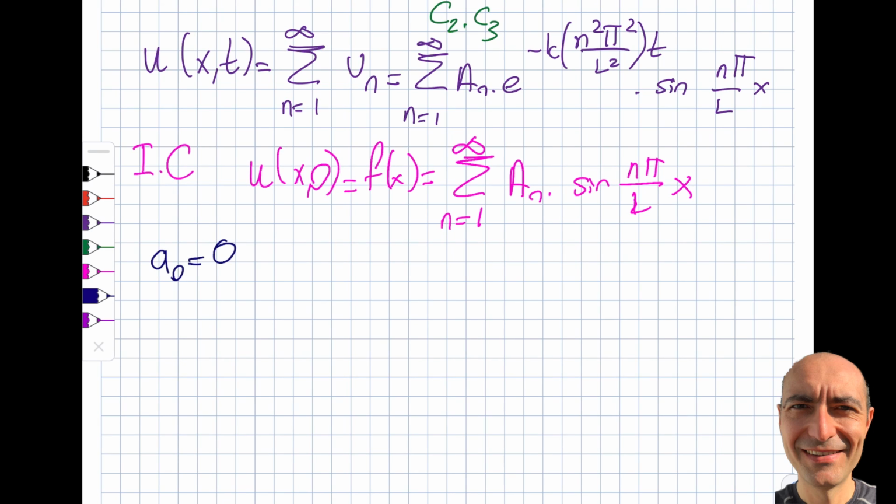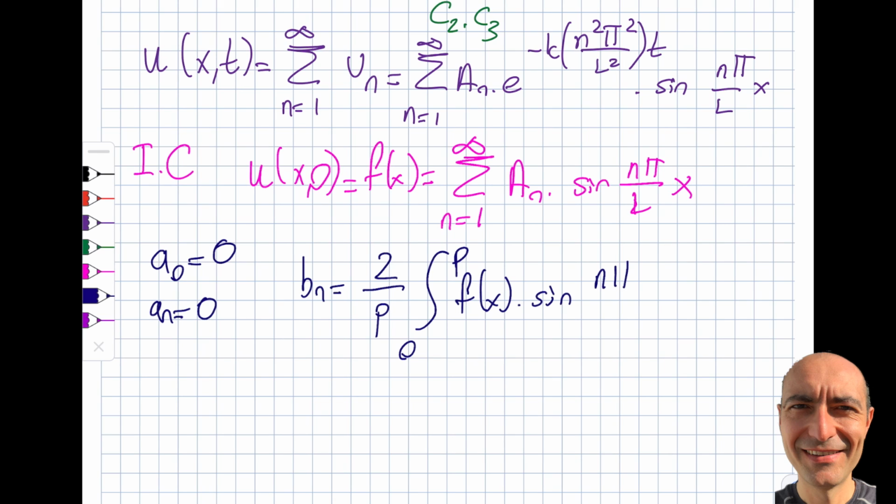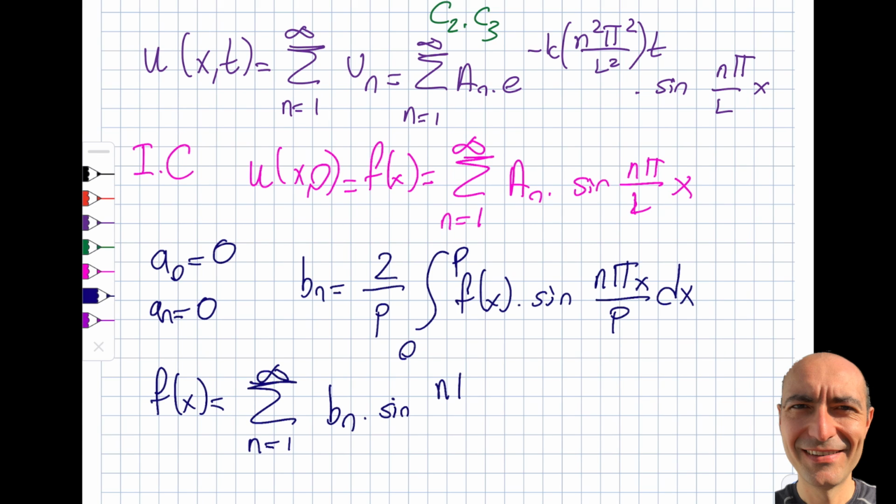a0 was 0, a_n was 0, and my b_n was 2 by p, integral from 0 to p, f of x, sine n pi x by p dx, while my f of x was given to me as the summation from 1 to infinity of b_n sine n pi x by p.